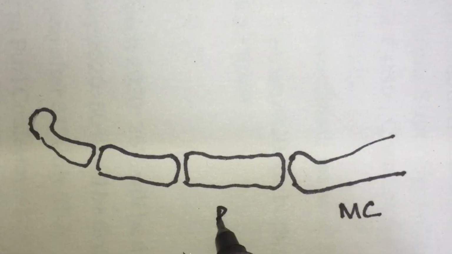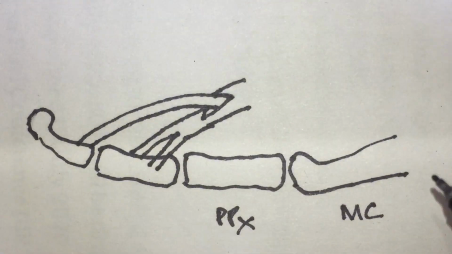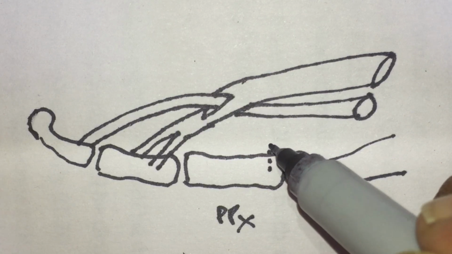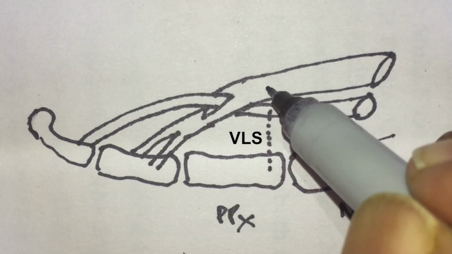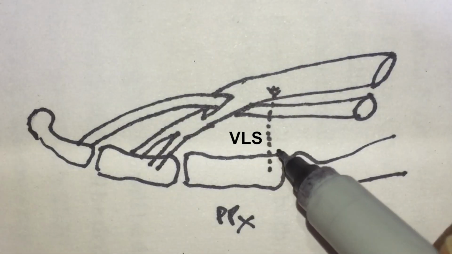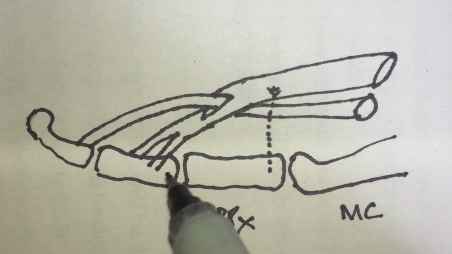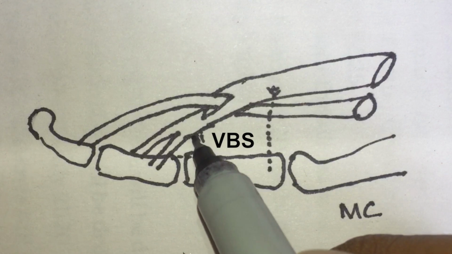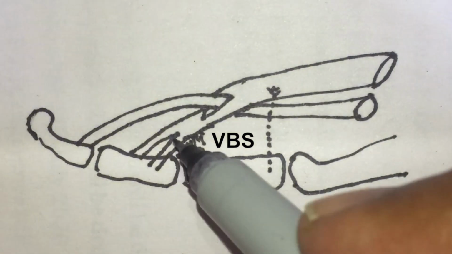We shall now see in a simple way how the vincular system is arranged. Now this is the flexor digitorum profundus and this is the flexor digitorum superficialis. From the proximal end of the proximal phalanx, we get the vinculum longus to the flexor digitorum superficialis, and at the level of the proximal interphalangeal joint, we get the triangular fold of vinculum supplying the vinculum brevis of the flexor digitorum superficialis.